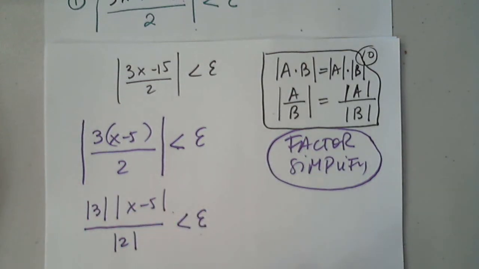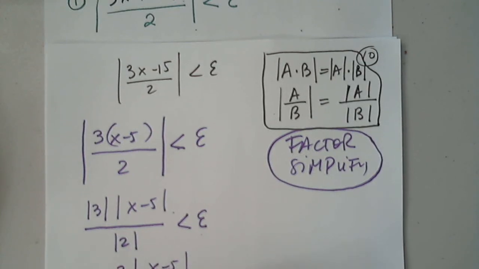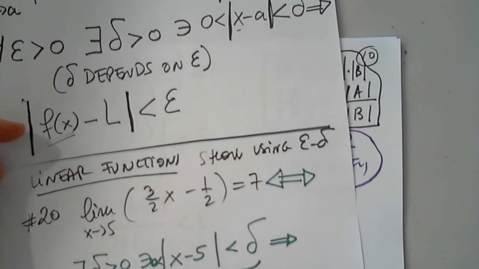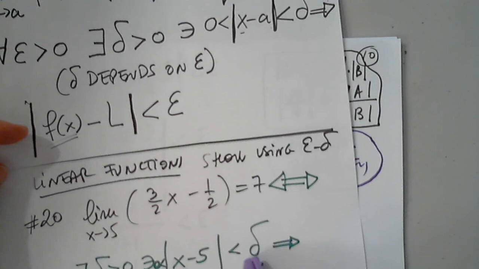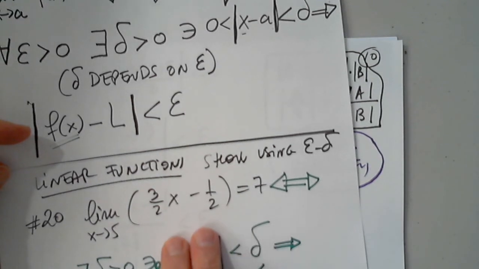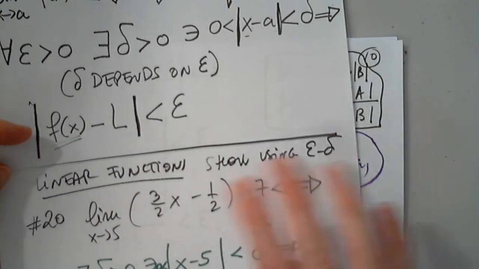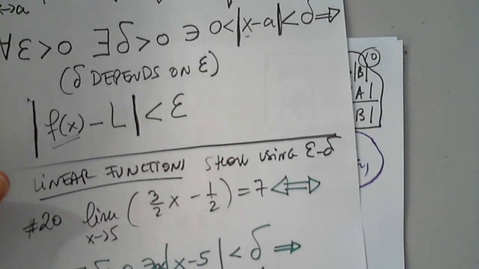Now, this is a mandatory step. Now I know you'll say, but the absolute value of 3 is 3. I agree. And the absolute value of 2 is 2. I agree. So remember what was our starting point. And look at our arrival. We want the absolute value of x minus 5 alone on one side and everything else to the other.